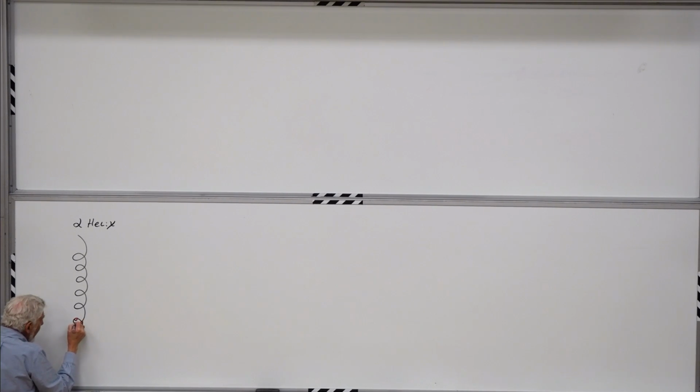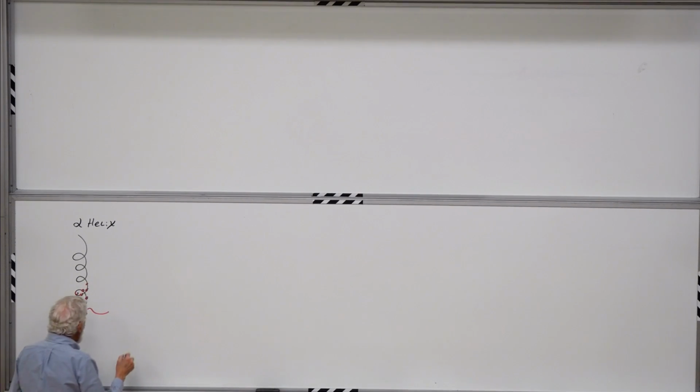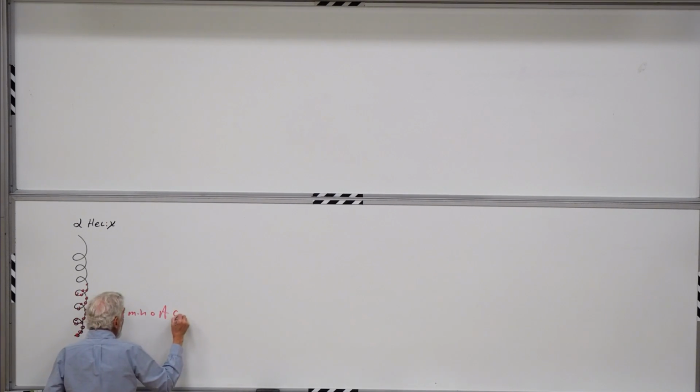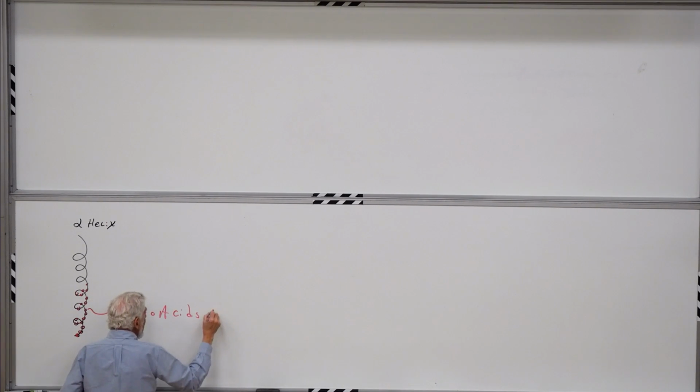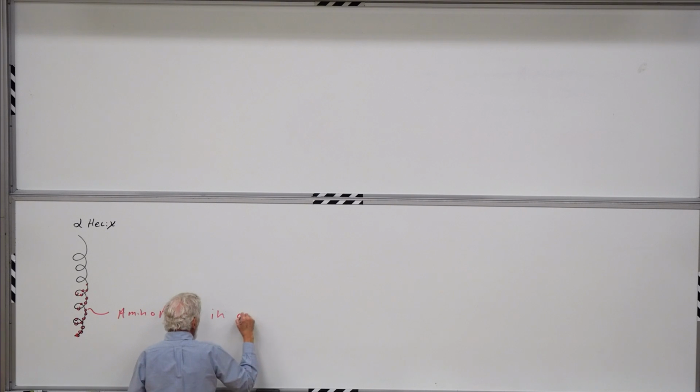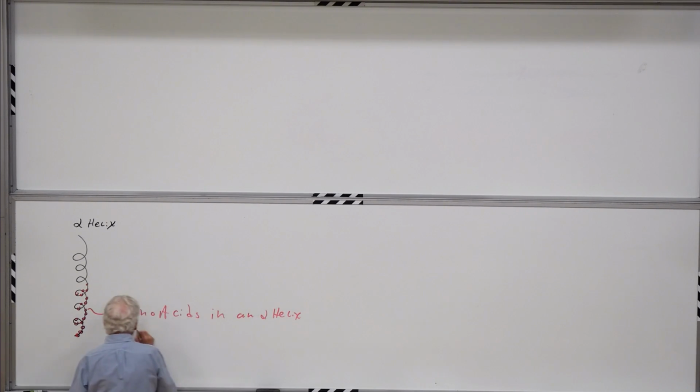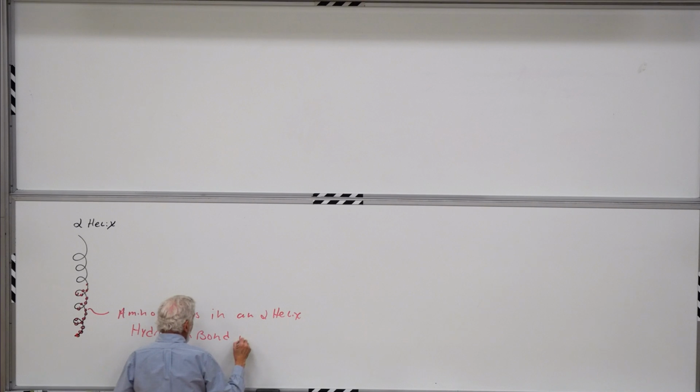So each one of these red circles is intended to be an amino acid. And we said that amino acids in an alpha helix hydrogen bond with one another.